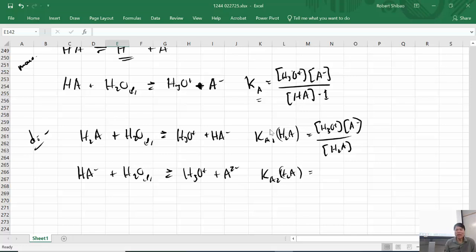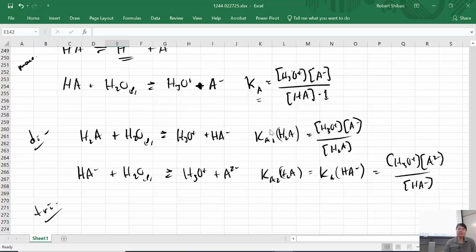Ka2 for H2A is equal to Ka for HA minus, which is equal to the hydronium concentration times the A2 minus concentration divided by the HA minus concentration. And so we have a Ka1 value and a Ka2 value for diprotic acids.